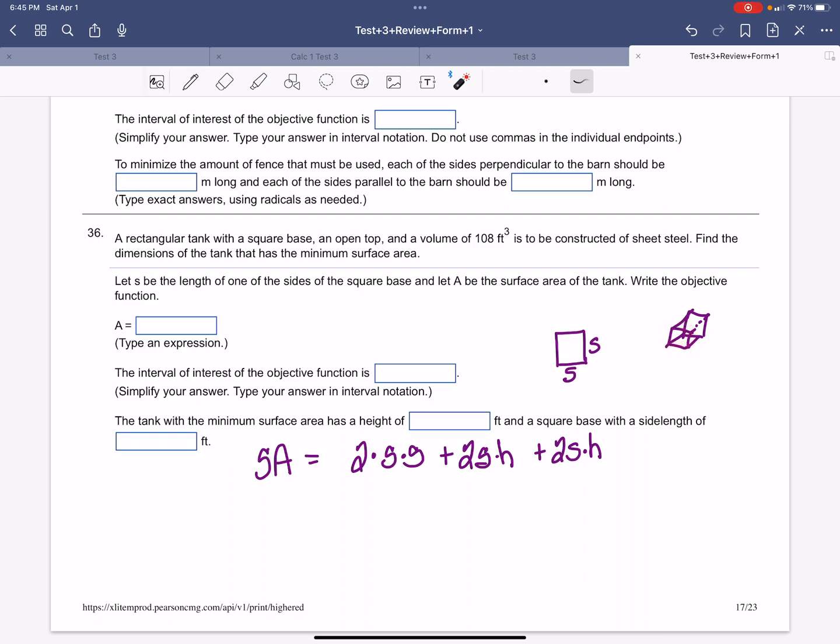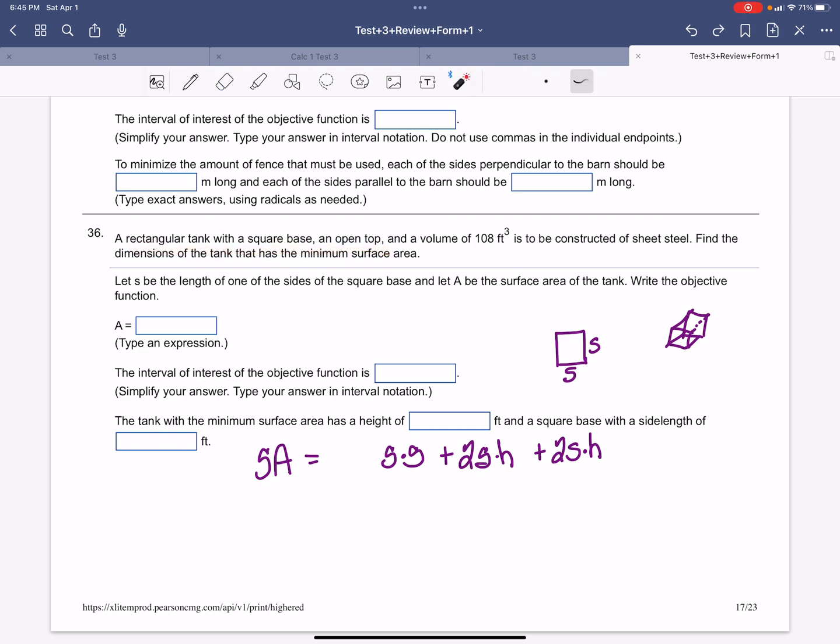Okay, now this would be your surface area if all of these sides were solid. But because we don't have a top, we're only going to have the S squared term times 1, because we only have one bottom. We don't have a bottom and a top because of the way the rectangular tank is created.